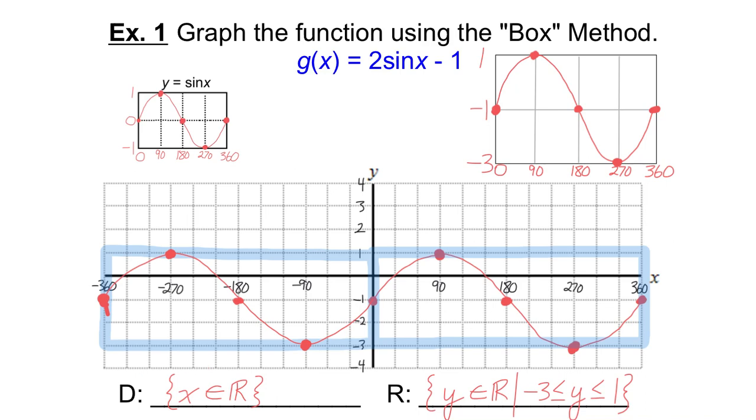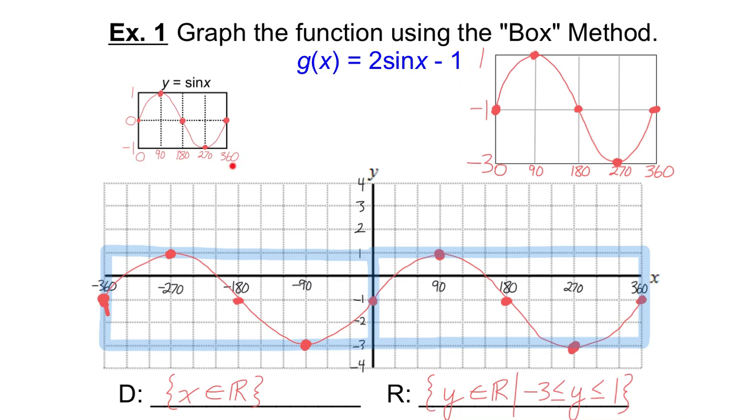Okay, so we've gone through a few things here. Look at whether you're using sine or cosine as the parent function. Look at where your central axis is. Look at your amplitude. That can help you figure out your maximum and minimum values.